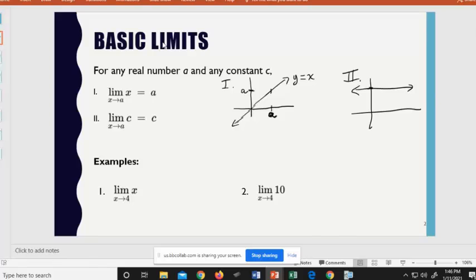Okay, so here is this constant, C. So that would be the equation y equals C. And wherever A is, I'll say A is here, from either side of A, the y values are approaching C. They really equal C, but the y values converge to C.